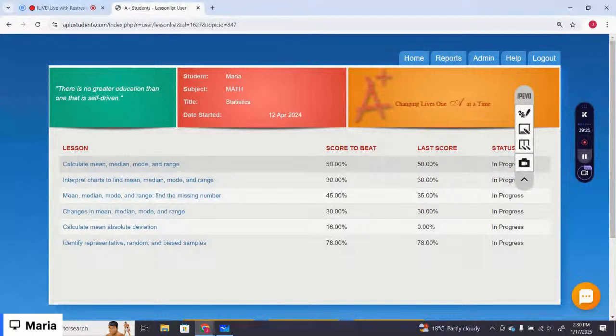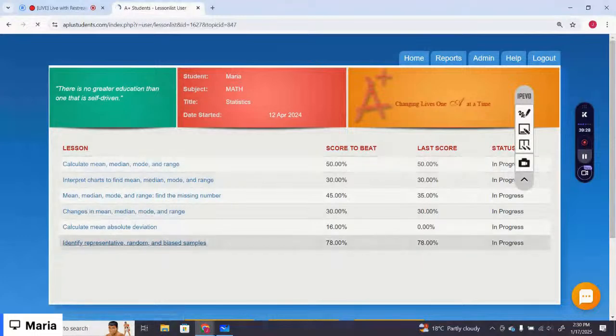The next lesson is identify representative, random, and biased samples. Let's just start with the lesson.